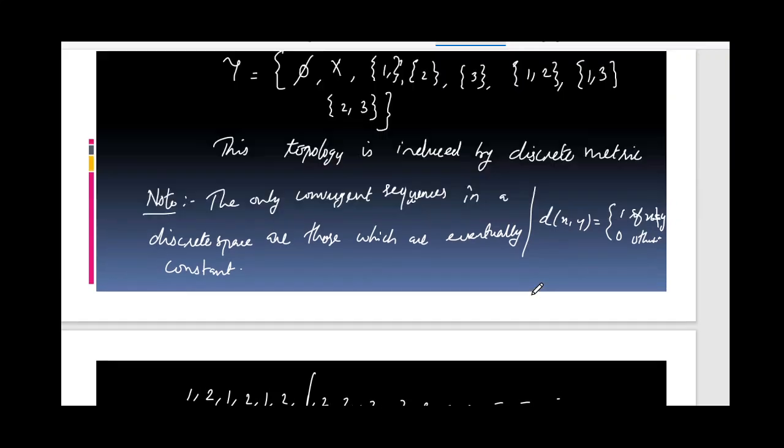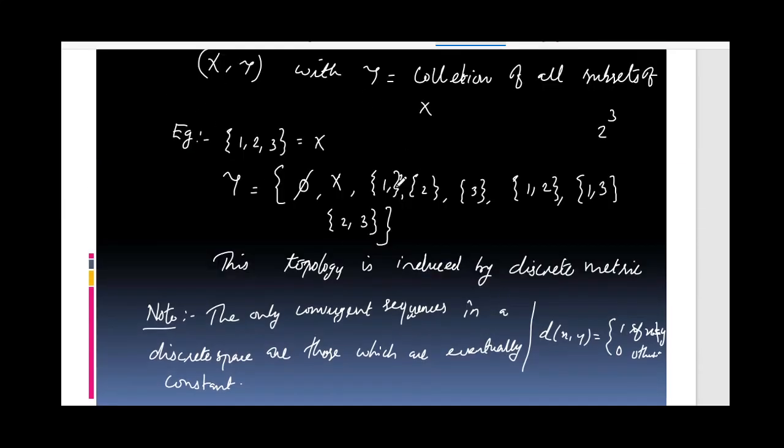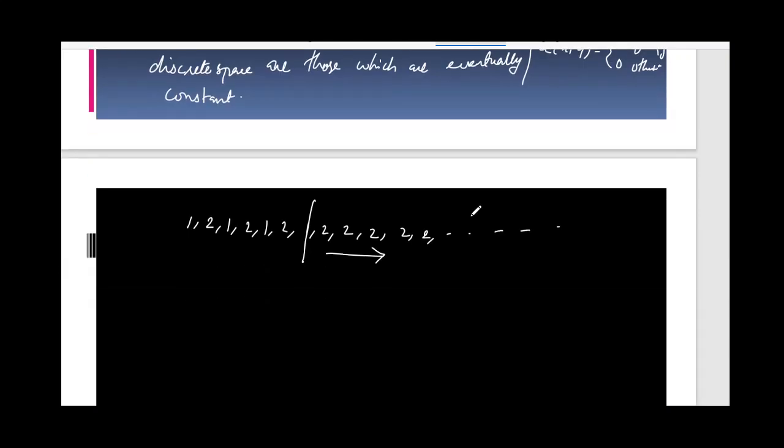So what will happen to this sequence? Will it converge to 2? Let us see. If this is the sequence I am taking in this topology, will it converge to 2? So you should consider the open sets, here only 1 and 2 are there. So first you consider the open sets which contain 1.